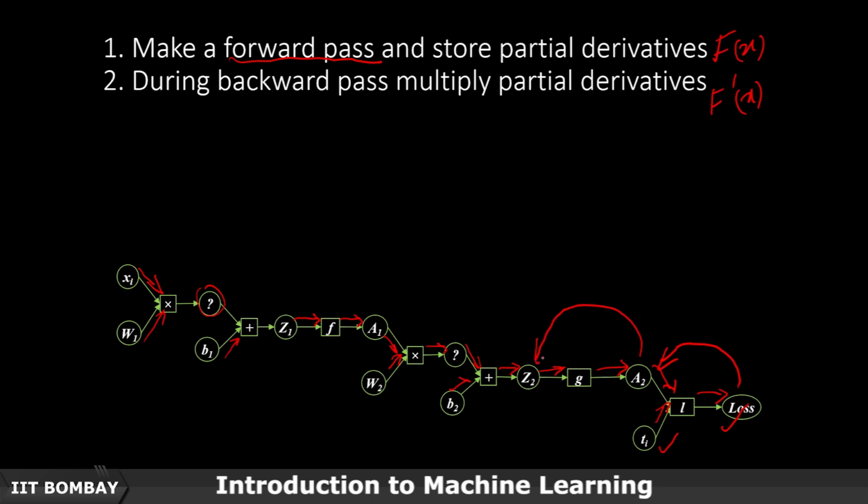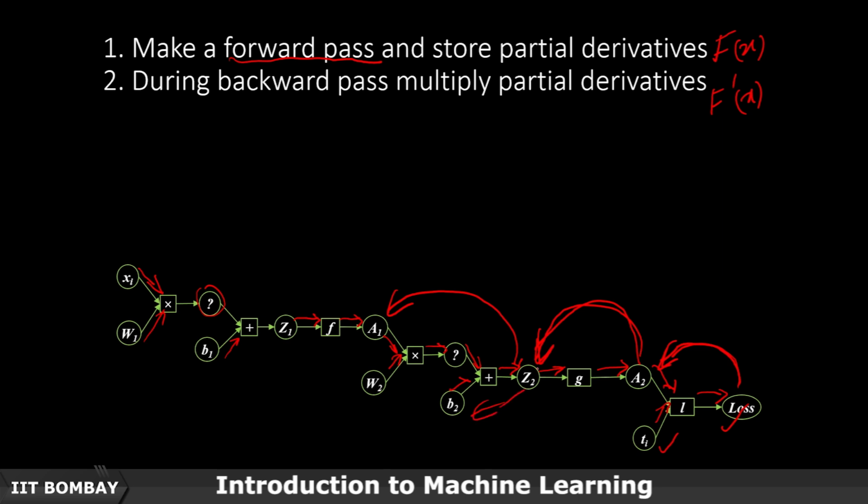We are computing the partial derivative of a2 with respect to z2 and multiplying this in the chain going backwards. So this partial derivative gets multiplied with this partial derivative, gets multiplied with this partial derivative, and if we are computing the derivative with respect to b2, then we don't need to do that. We just basically compute the derivative of z2 with respect to b2.